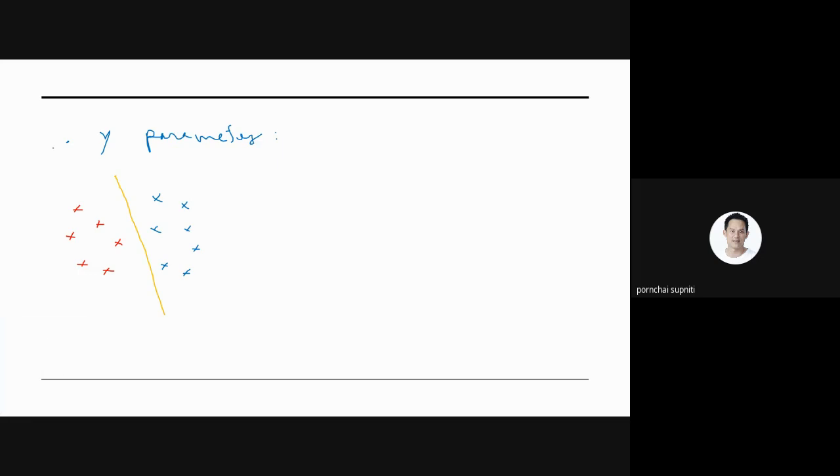For the gamma parameter, it's related to what is called the margin. If you have low gamma, then for low gamma you allow small margins from the support vectors to the boundaries.